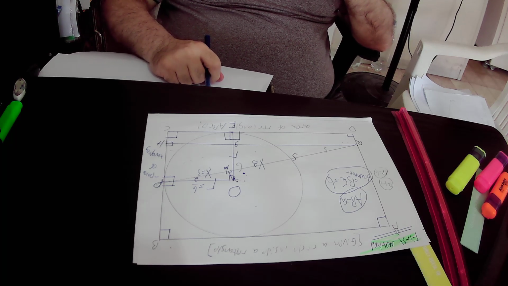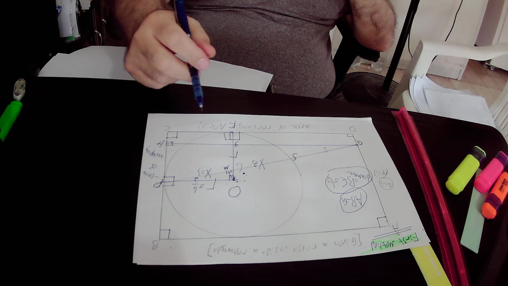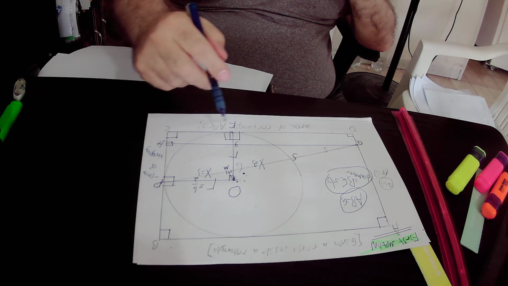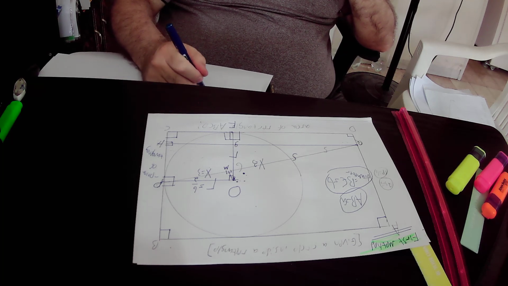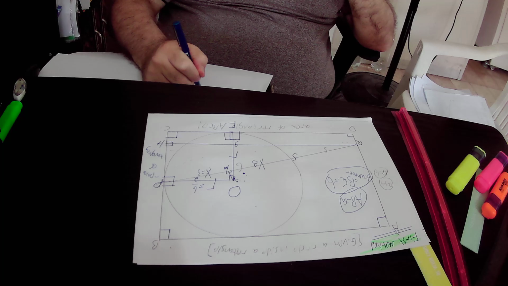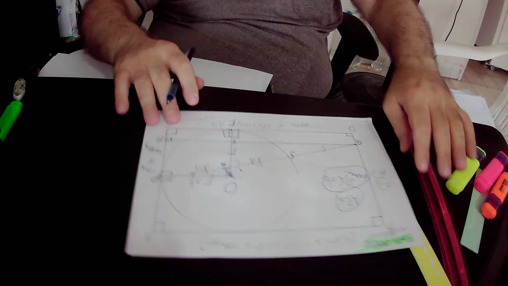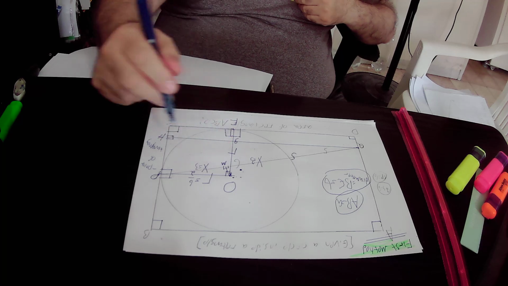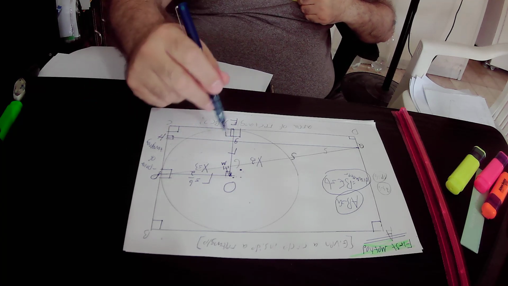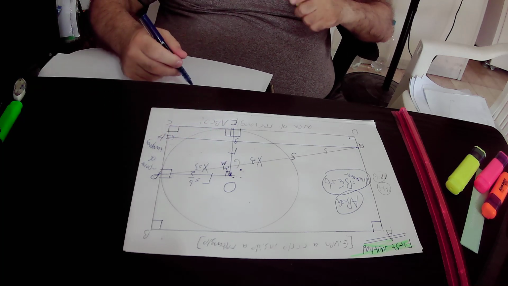Okay, so by drawing this perpendicular QH, we created the quadrilateral QPGH. In quadrilateral QPGH, we have 1, 2, 3 right angles.